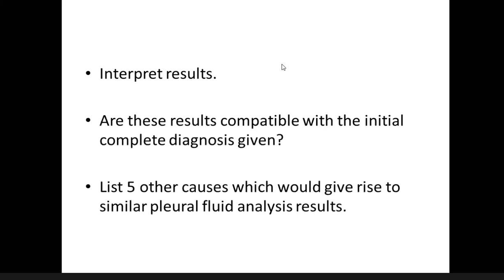So SVC obstruction, constrictive pericarditis, congestive cardiac failure, Meigs syndrome, nephrotic syndrome, chronic liver cell disease, all can lead to transudative type pleural effusion. So what are the causes? List five other causes which would give rise to similar pleural fluid analysis results. Again, exudative type.